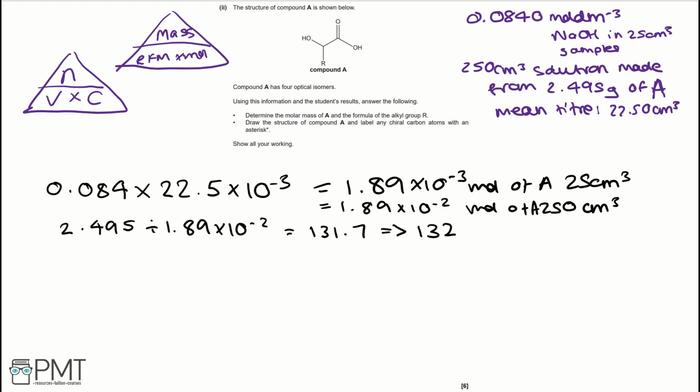This molar mass is the compound A plus its R group, so we can work out the relative formula mass or molar mass of the R group or alkyl group by subtracting the RFM of compound A that we can already identify. So if we look at how many carbons there are, 2 carbons in the compound A that we've been given. So carbons 2.